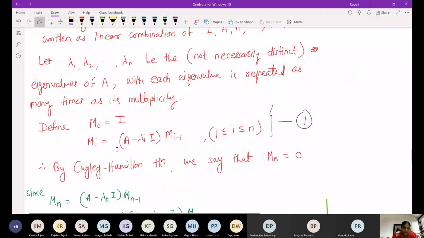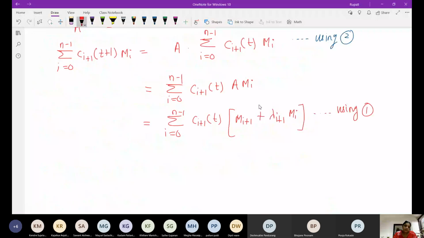Mi is nothing but a mi minus 1 minus lambda i times mi minus 1. So what will be a mi? I can write a times mi using equation 1. Is that okay? Yes, ma'am.